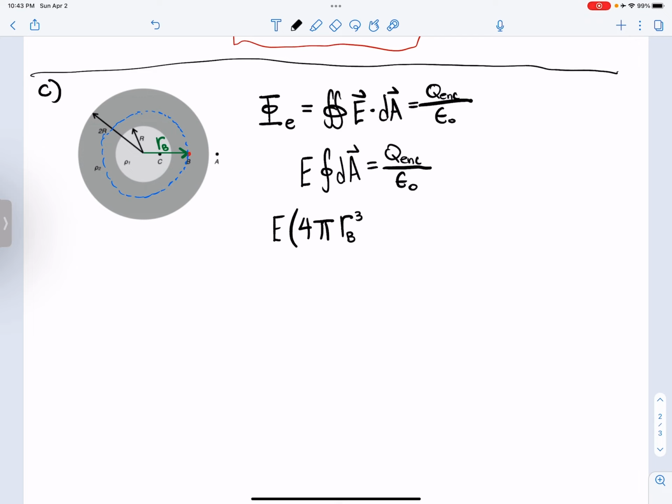The surface area is 4 pi r squared, so that should just be 4 pi RB squared. Okay. So that is equal to my charge enclosed divided by epsilon naught. Right? But what is my charge enclosed? What is the charge enclosed here?